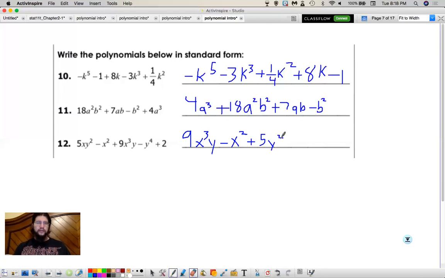Oh, wait. Hang on. I wrote that wrong. I said it, but I didn't write it. 5xy squared. And then constants. So I have minus y to the 4th plus 2. Again, y is just a number, so don't even worry about which way it goes.